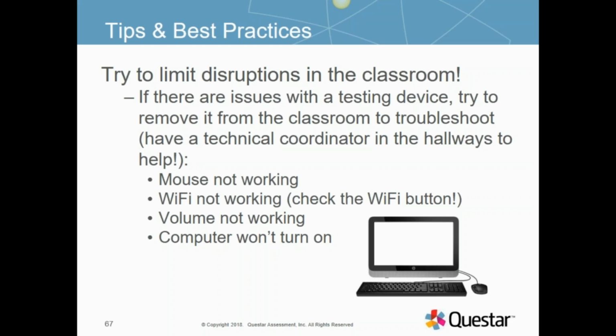If not, one thing you can do is always check that Wi-Fi button, or volume not working for a student who might be taking text-to-speech, or maybe the computer just won't turn on. For those instances, try and limit disruption in the classroom and solve those issues out in the hallway, perhaps.